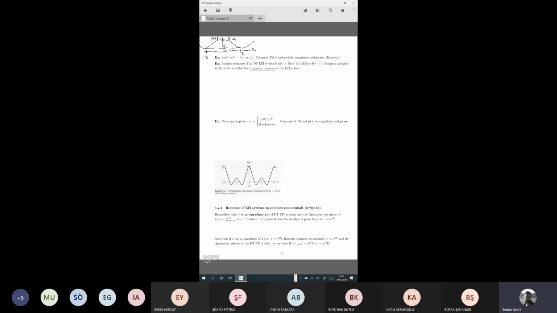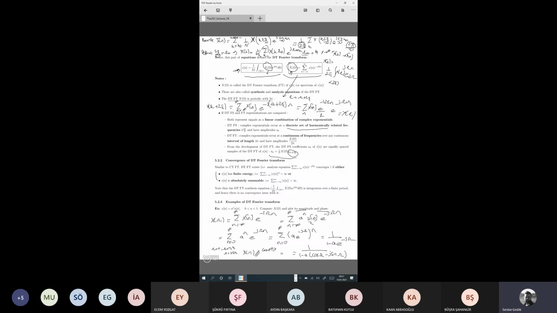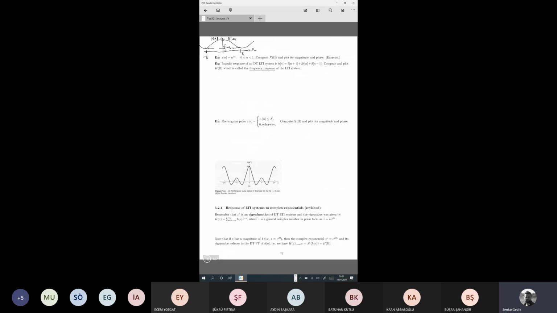The minimum value is 1 over 1 plus a. The maximum value occurs at 0, and the minimum value occurs at pi or minus pi. For omega equals pi, cosine pi is minus 1, so you have 1 over 1 plus a, which is the minimum value for the norm. For omega equals 0, you have 1 over 1 minus a, and this is the maximum value. So the magnitude of x of omega oscillates between 1 over 1 minus a and 1 over 1 plus a.